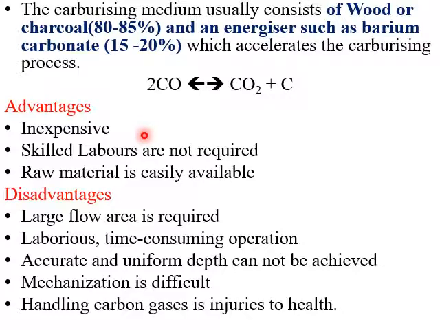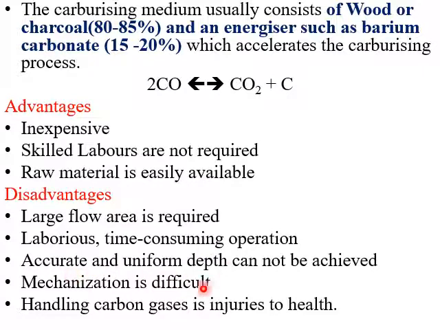So what are the disadvantages? A larger floor area is required because we need to pack that. We need to interchange whatever mediums we are going to use. It is a time consuming operation because we need to pack the components carefully, and it takes time to load and unload.